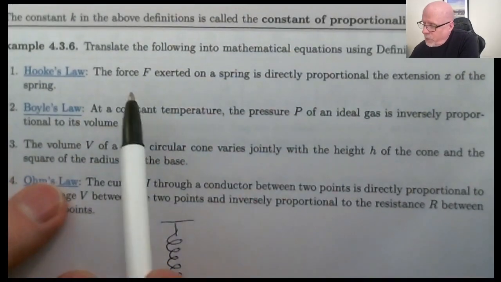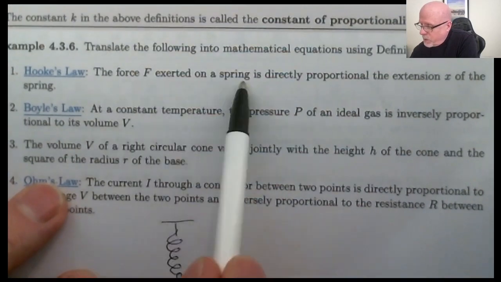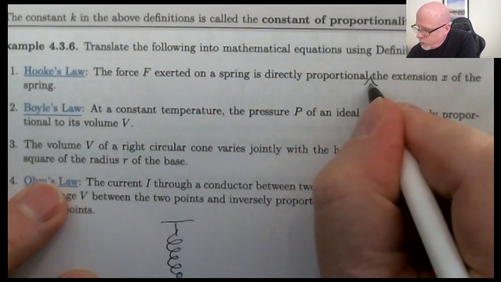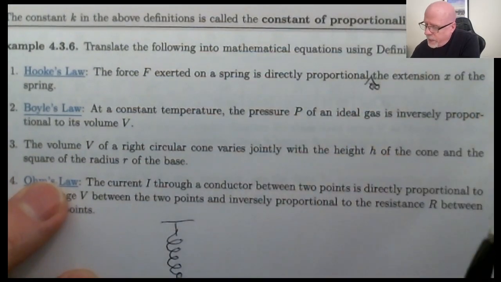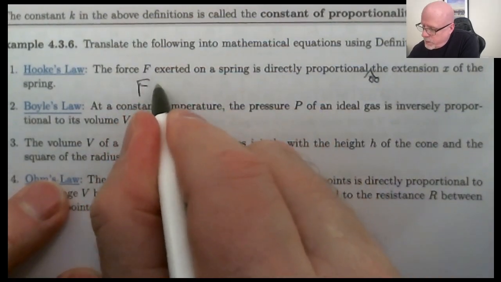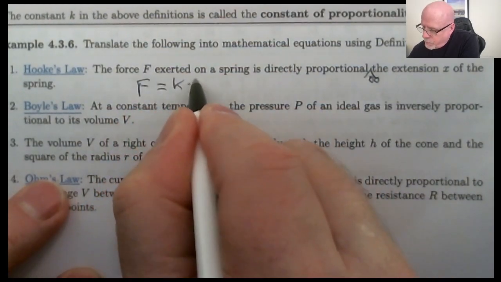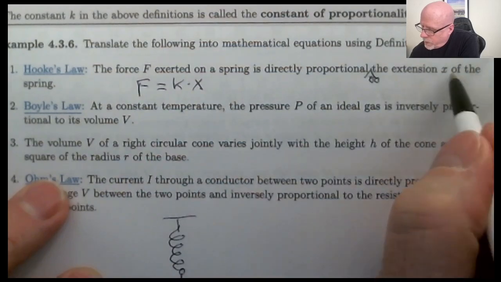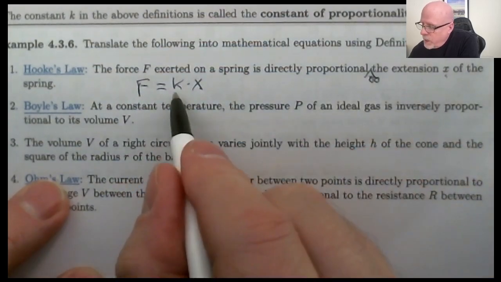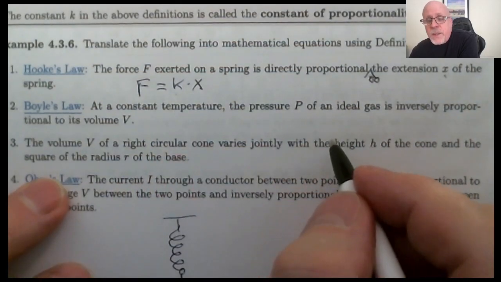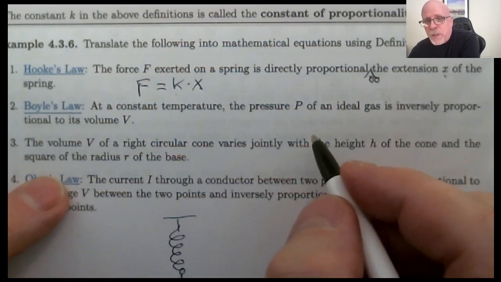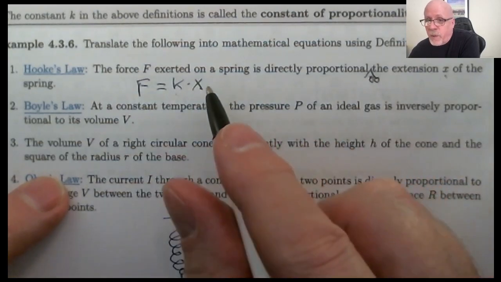So the way you read this, the force F exerted on a spring is directly proportional to the extension x of the spring. That means that F is equal to k times x. If we're calling the extension x and F is the force, that k is called the spring constant, and it differs based on what kind of spring you've got, how big it is, what material it's made out of, but it's actually very computable.